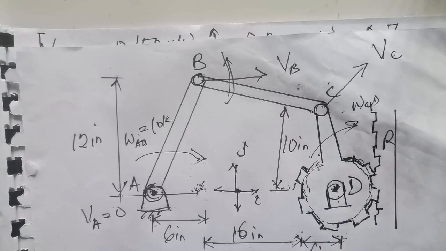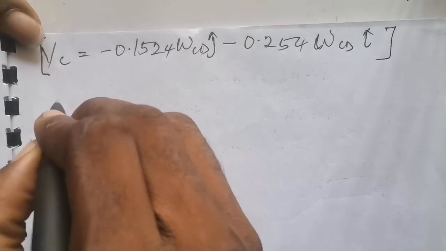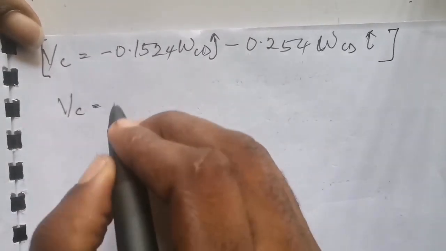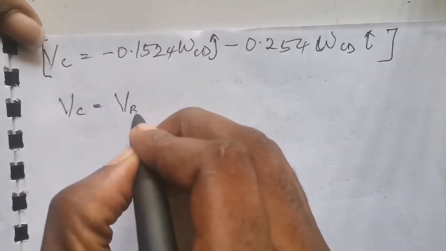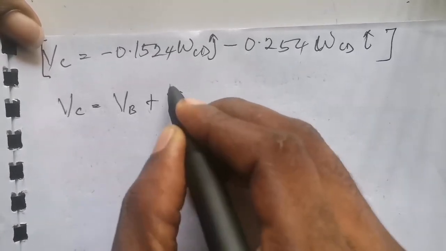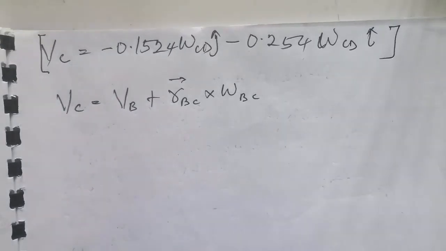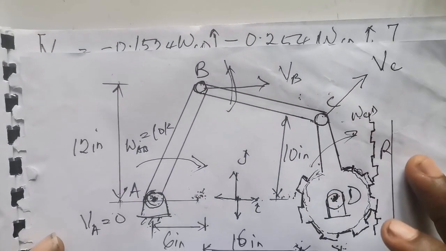But let's pick point C. Okay, so if you're picking point C, therefore VC, remember, is going to be equal to VB, velocity at the free end, plus you have RBC multiplied by omega BC. It's as simple as this, okay?